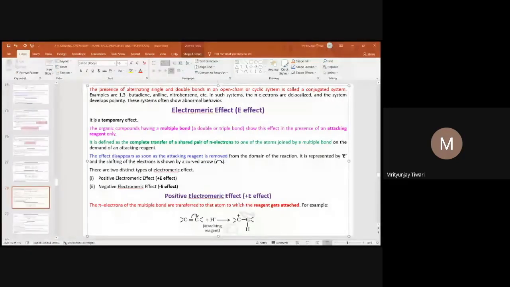So once the overlap happens, some of the electron density will get transferred to this p orbital. It means this positive charge which was localized over this carbon atom will now delocalize, dispersing to a slight extent onto this carbon atom as well. And so once the dispersal of this positive charge happens, the stability will increase.